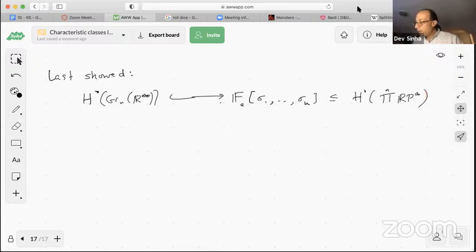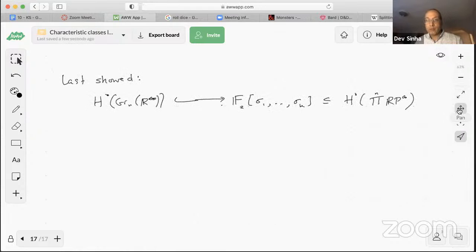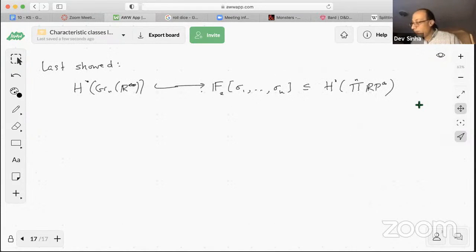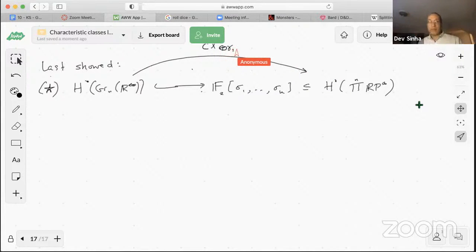I'm going to call this equation star, this injectivity. Remember that this composite here is induced by the classifying map for a direct sum of these standard line bundles over RP infinity.